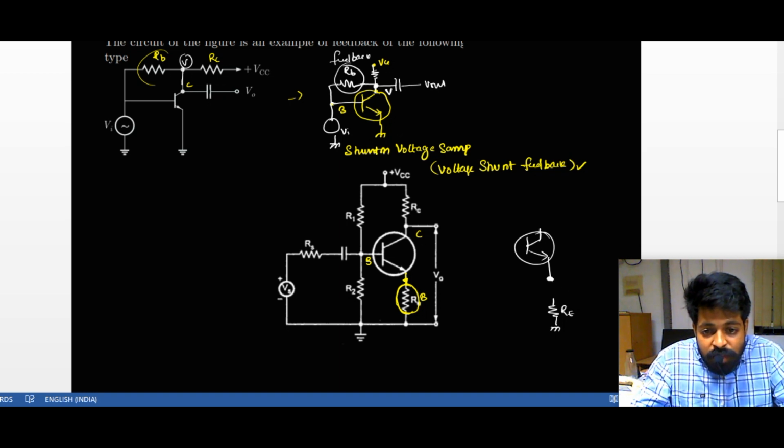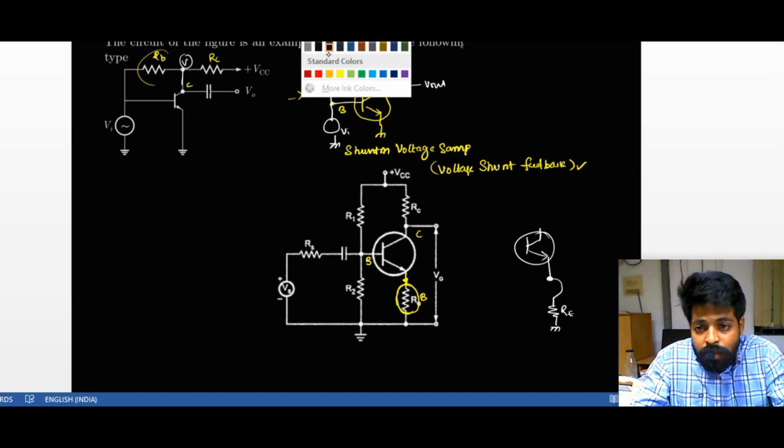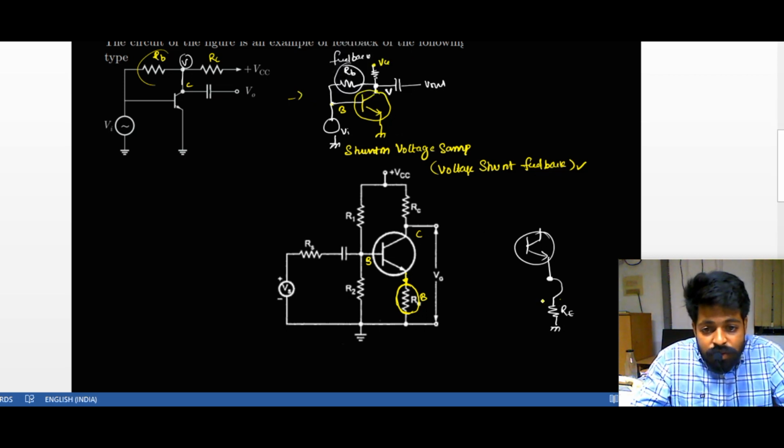It is taking the sample from this one. So if you see my beta network, this feedback network takes the sample from the emitter node. This is my emitter node, where I observe my output, so I call it a voltage node.